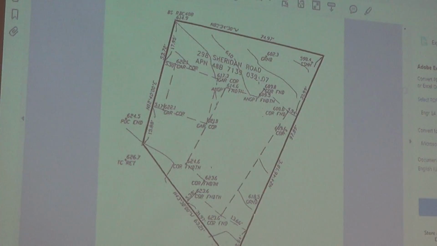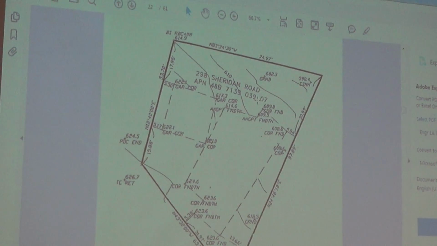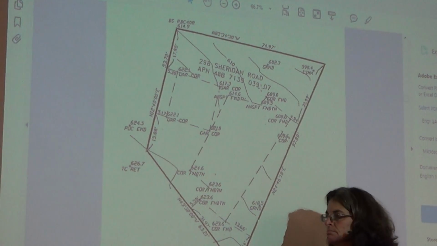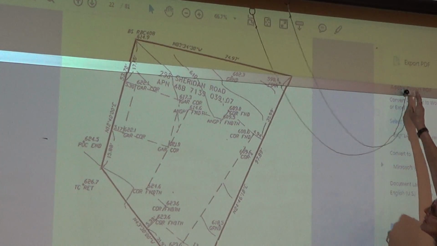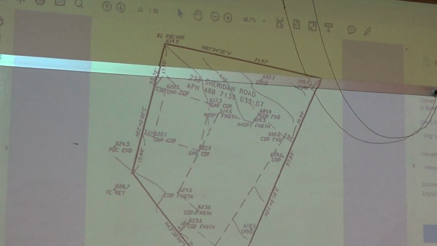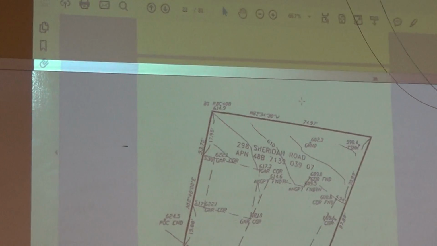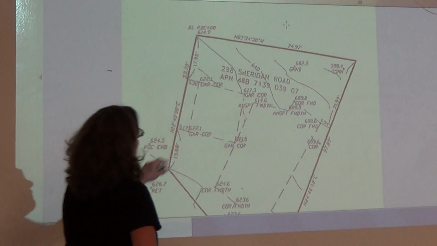Tell me where north is on this drawing. Look at your drawing and look at all those bearings. So let's look at this line.